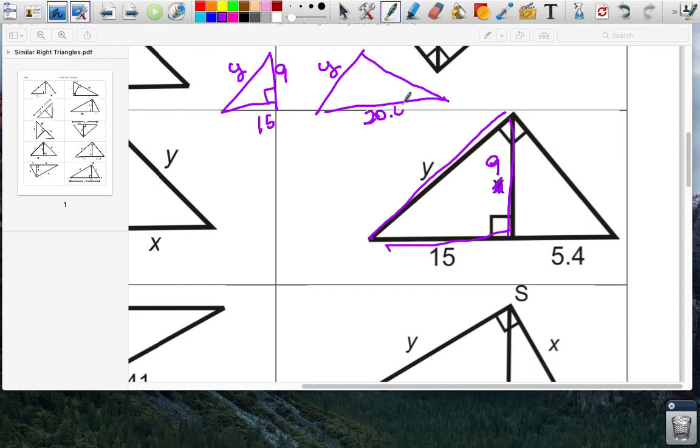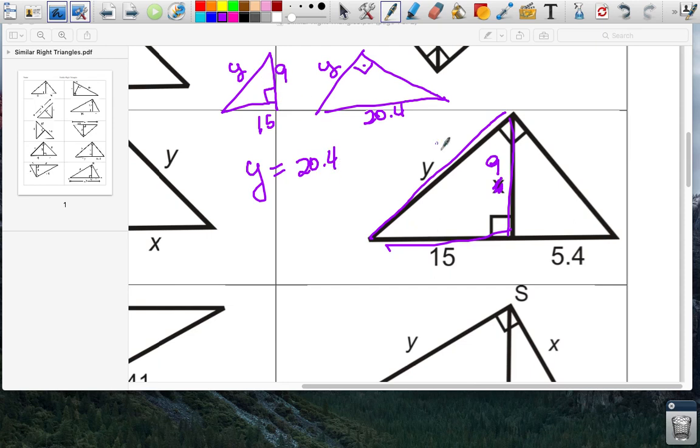My 90-degree angle. So let's do this. I'm going to get y on the small triangle, which is the hypotenuse, represented by 20.4, right?